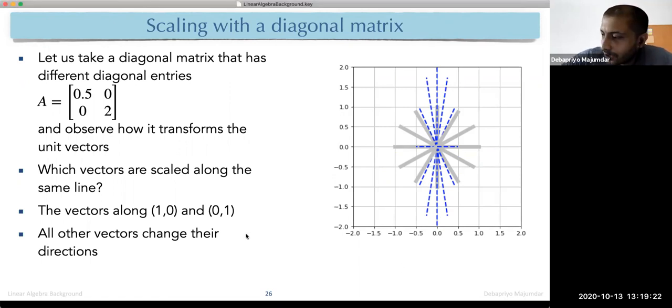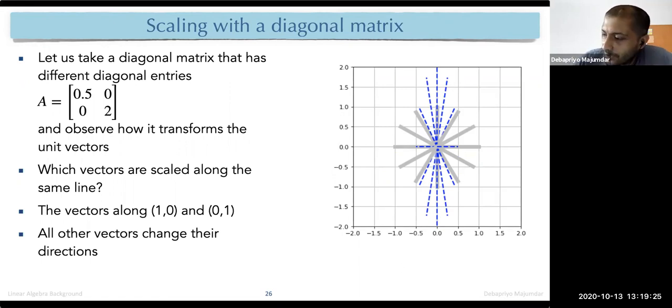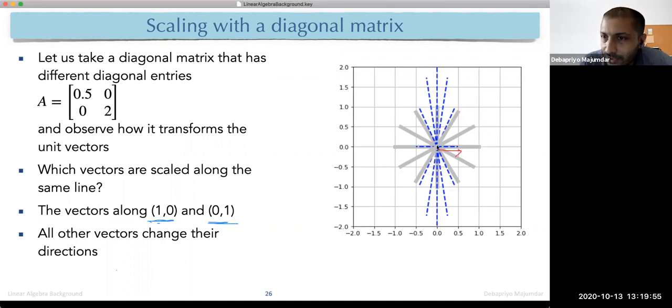So here, what are our eigenvectors? We can say that 1, 0 is an eigenvector and 0, 1 is another eigenvector, right? So 1, 0 is an eigenvector, which essentially means that any vector along this line is only scaled. The original vector was of length 1, and it is scaled by half.